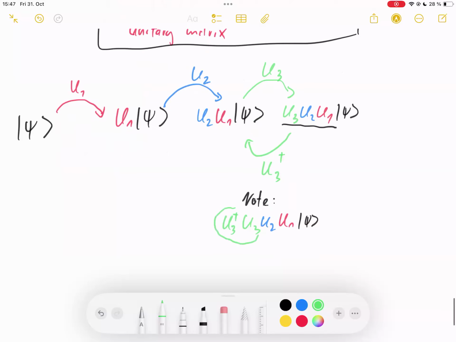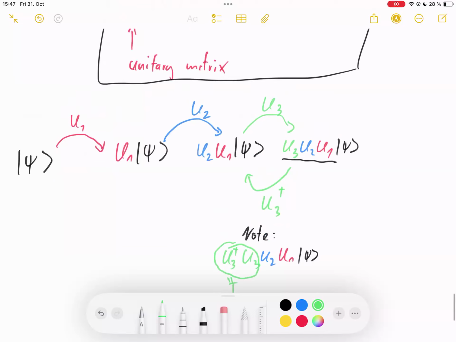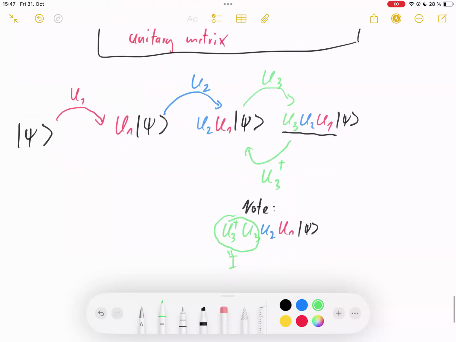And these two here, by definition, this would become the identity matrix, because that's what we require from unitary matrices. And so far, all the matrices we use here have to be unitary. Now I have undone one operation. And I'm now at this state here again. So I just went back.